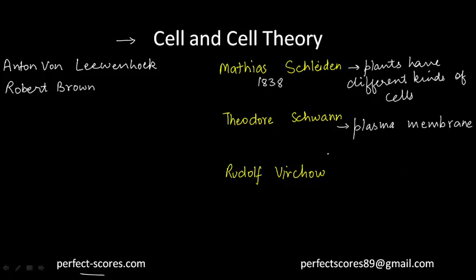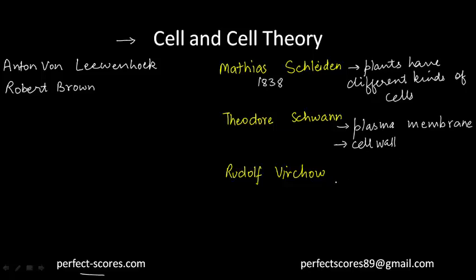And then he also concluded, based on other studies, that in plant cells there is an extra feature known as a cell wall. So on the basis of this, Schwann gave the idea that the bodies of animals and plants are composed of cells and the products of cells.